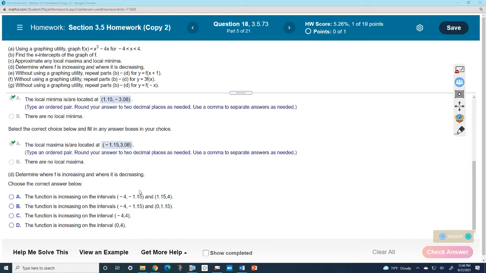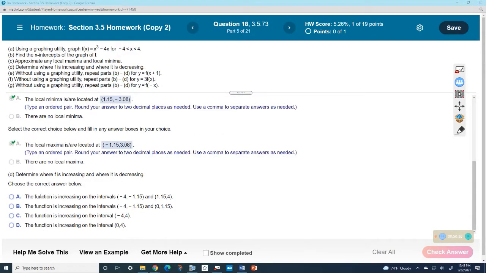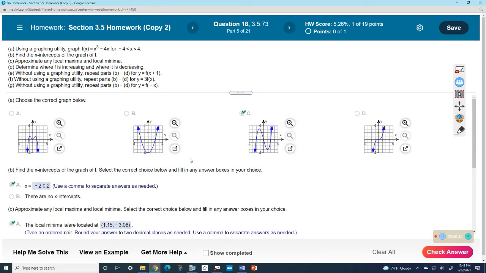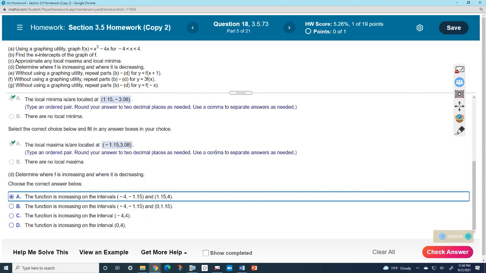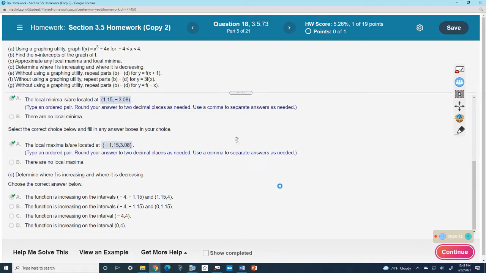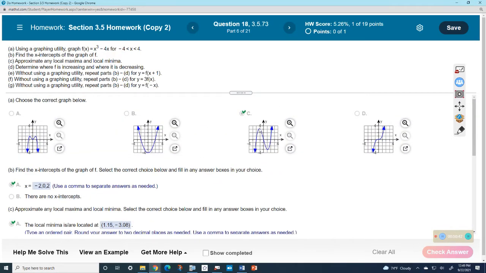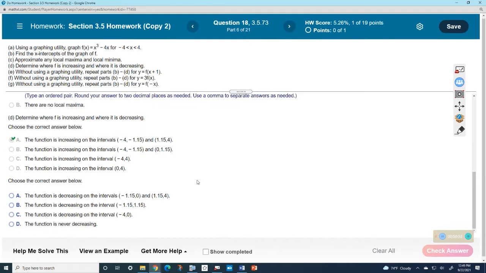If we're just limited to negative 4, it would be negative 4 to negative 1.15, and then again it increases from positive 1.15 all the way to infinity, or all the way to 4 if we're stopping there. And then it's decreasing just from negative 1.15 to positive 1.15 on the x-axis.